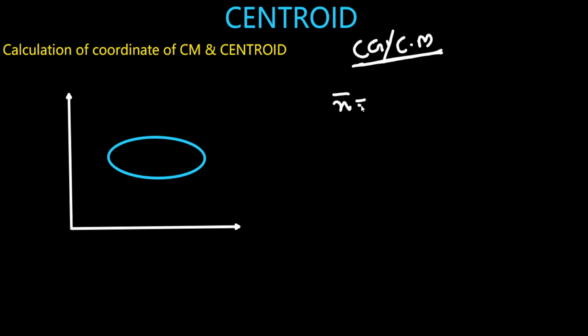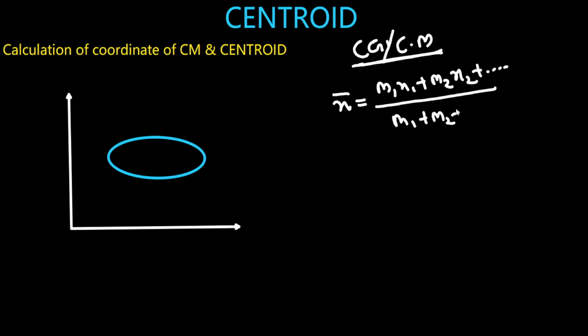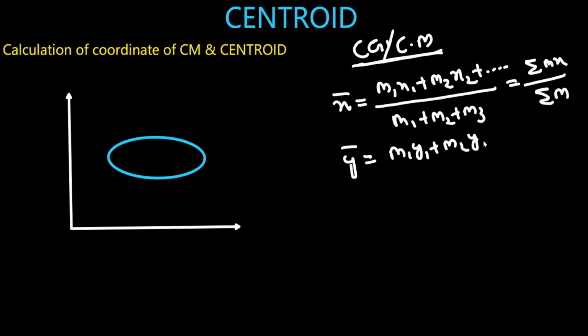X bar is equal to m1 x1 plus m2 x2 plus up to dot dot divided by the sum of the masses, m1 plus m2 plus m3. So it can be written like this: sum of mx divided by the sum of the mass. Getting my point? The y bar is equal to m1 y1 plus m2 y2.